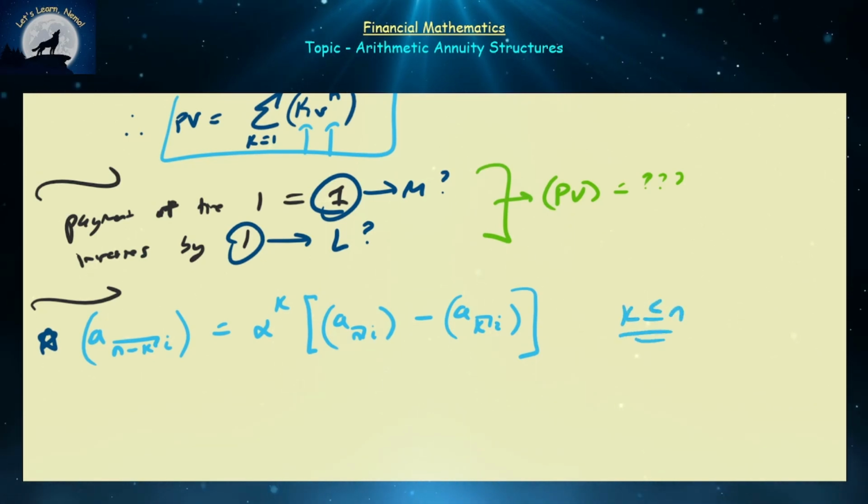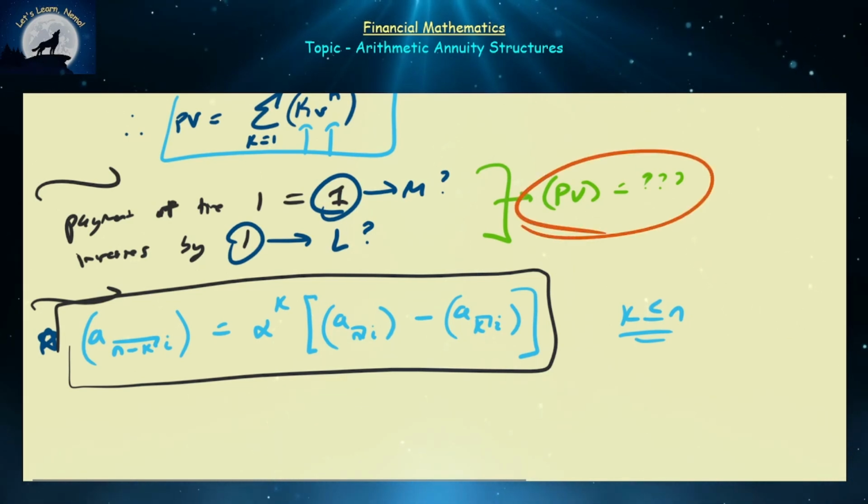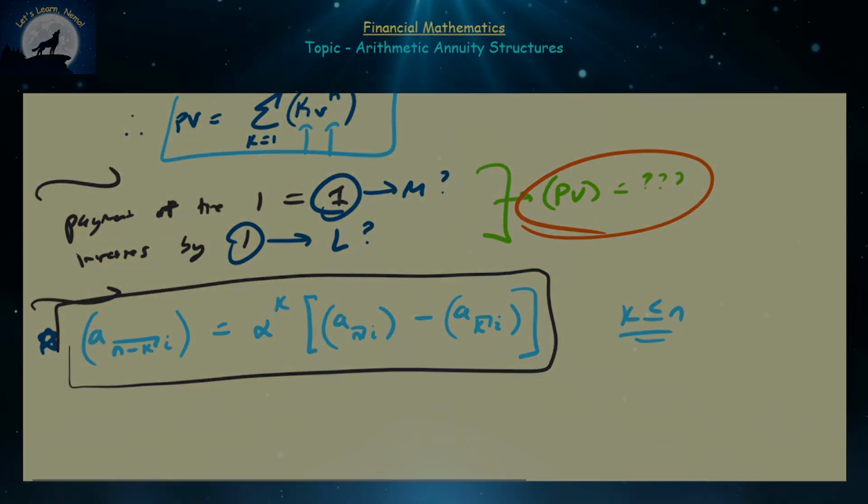So this is a nice little algebraic exercise that I definitely do leave to you, especially for you financial mathematics people. But with this in mind, I'm going to use this identity in a short moment. Let's get into the algebra to see if we can find a nice representation for the present value of an arithmetically increasing annuity immediate structure.